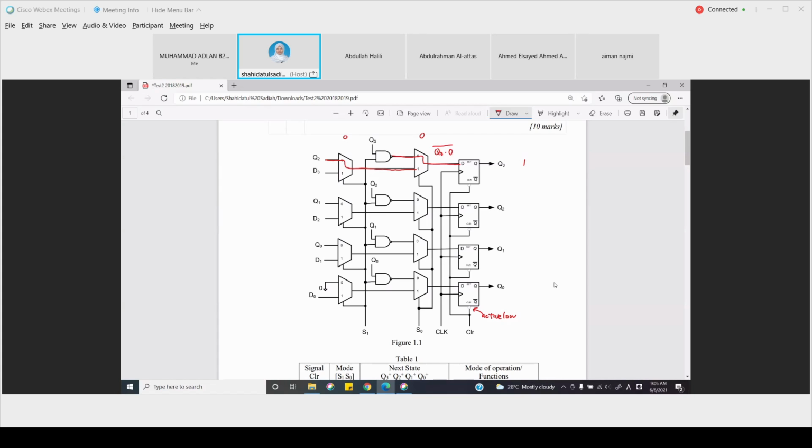Let's see the others. It's a pattern: this one is Q2, Q1, and this is Q0.